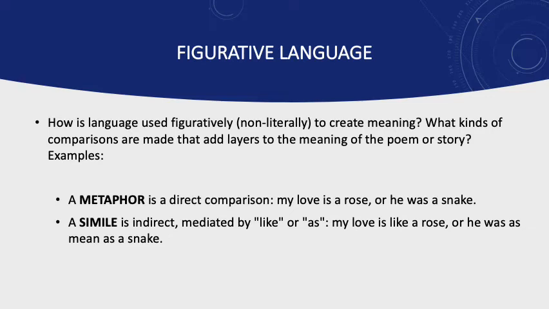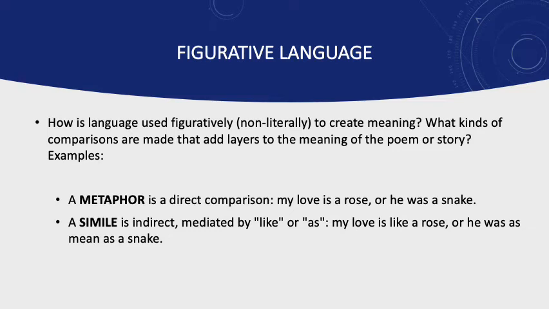It is soft and sweet, and it smells good and beautiful, but it has thorns in it, like love can be. Snakes are kind of slithery and slimy and kind of sneaky and dangerous, we think. They crawl on the ground. And so if he's like that, then we find out more about his characteristics through that metaphor.